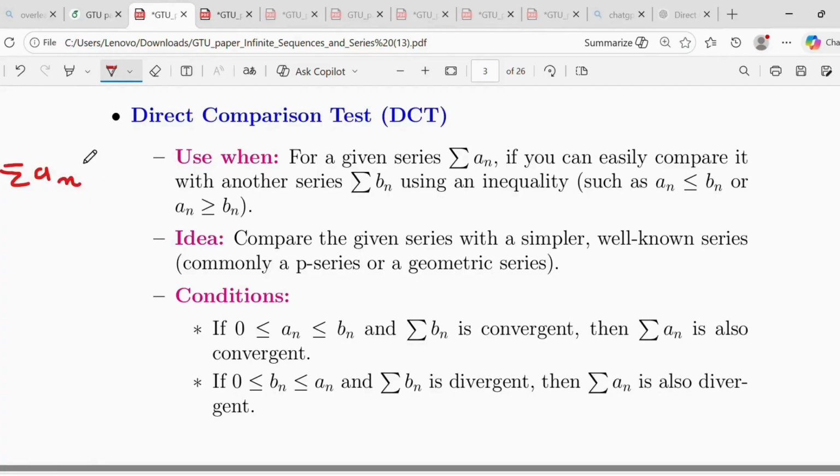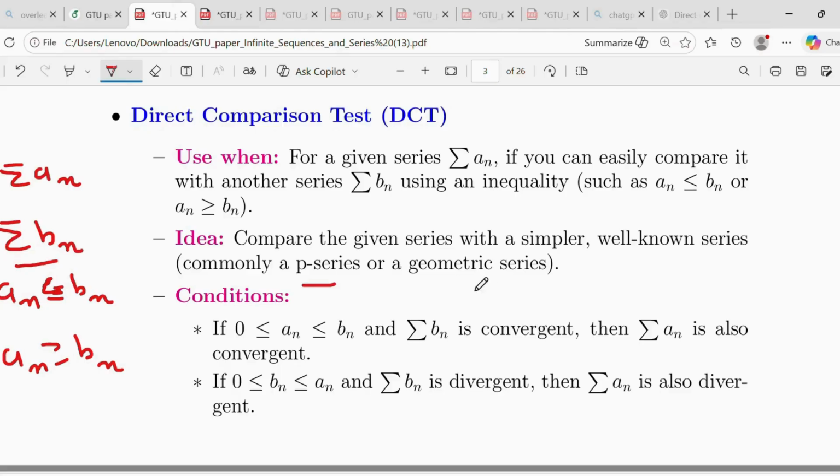Now for this series an, you can find a new series bn such that either an is less than or equal to bn or an is greater than or equal to bn. And this new series is either a P series or a geometric series.